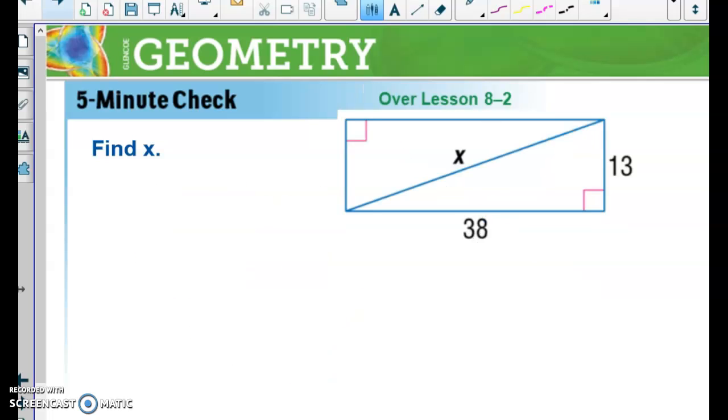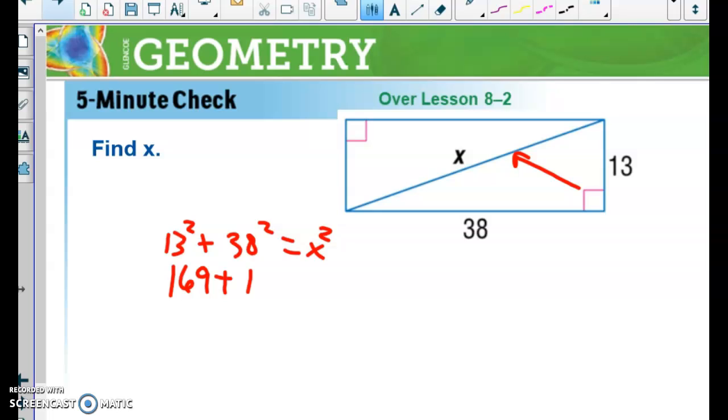On this one, since we're looking for the hypotenuse length, we're going to say 13 squared plus 38 squared equals x squared. When I square it out, I'm going to get 169 plus 1444 equals x squared.